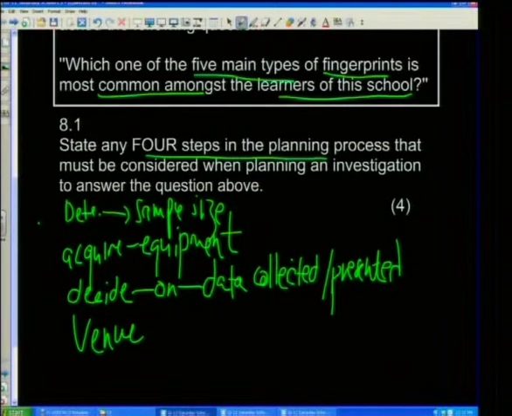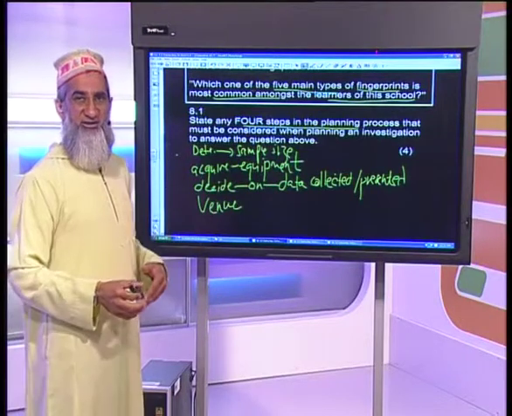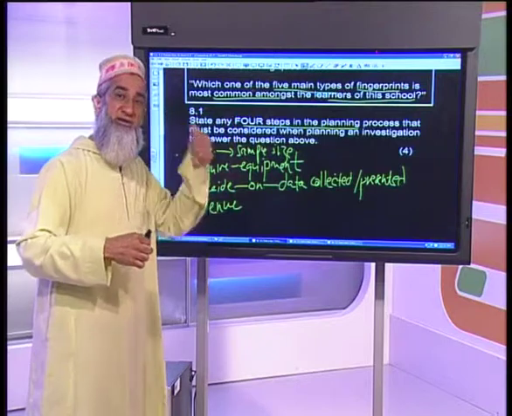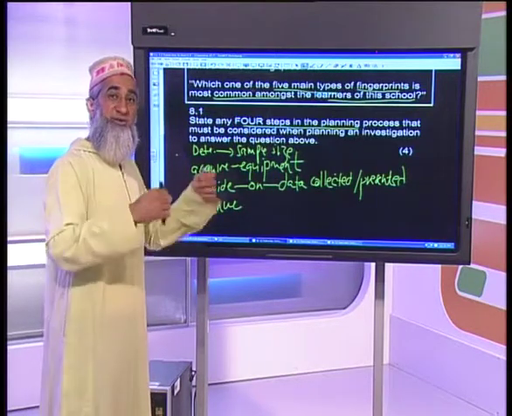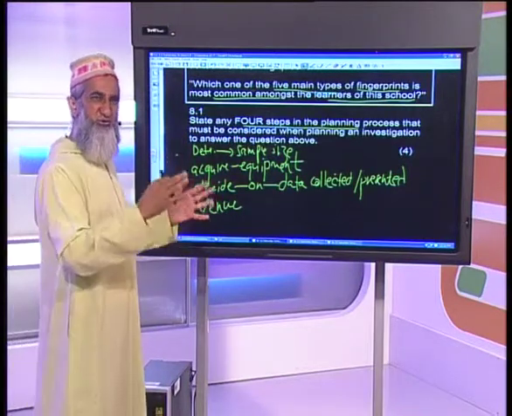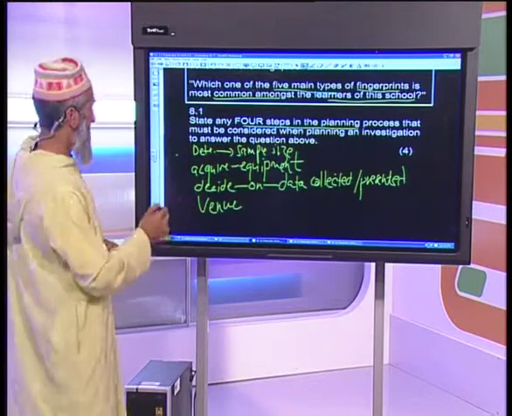Where are you going to do this? You can also add to this. There's 1,000 other things you can add. You can add, for example, determine who is going to be the person that's going to take the fingerprints, who is going to record it, etc. Logistical issues. So in other words, any planning, people, whether it's here or anywhere else, it's going to be the same. Okay?